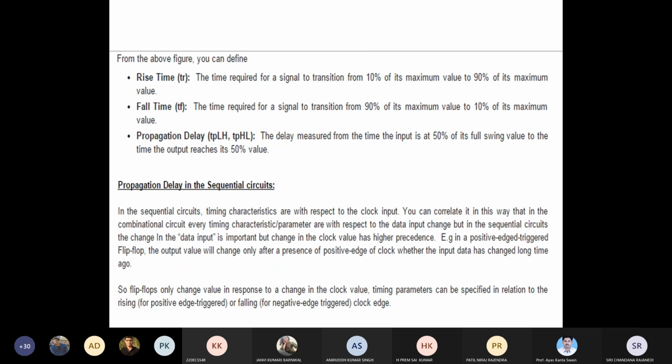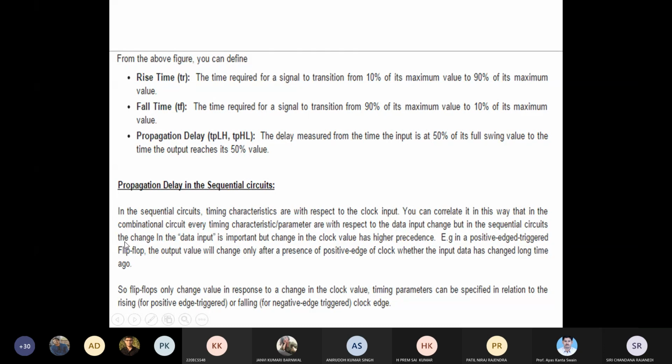So what we have tried to explain here is that in a combinational circuit, every timing characteristic parameter is with respect to the data input change, meaning it's event triggered. Whenever the input changes, the output will change, depending upon the propagation delay.